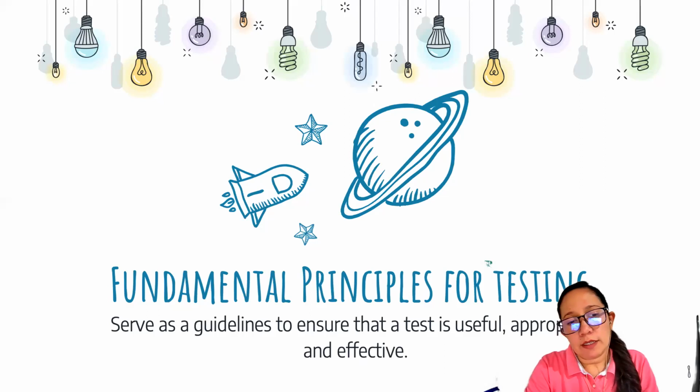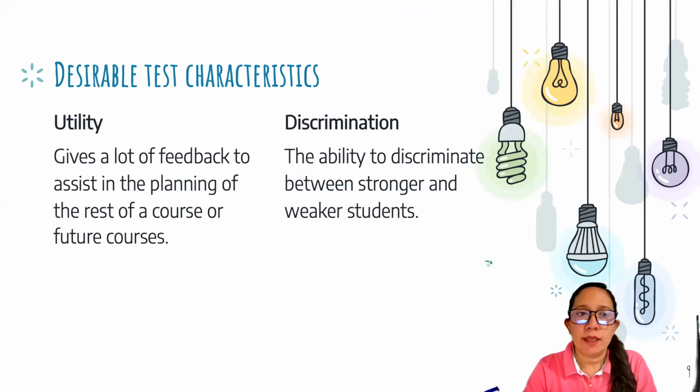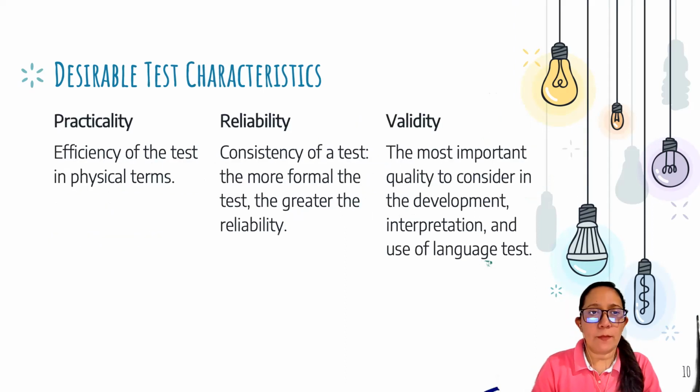We can also find in the subject fundamental principles for testing. They serve as a guideline to ensure that a test is useful, appropriate, and effective in the class. We can find the suitable test characteristics, like the first one, utility. It gives a lot of feedback to assist in the planning of the rest of a course or future courses. Discrimination, the ability to discriminate between stronger and weaker students.